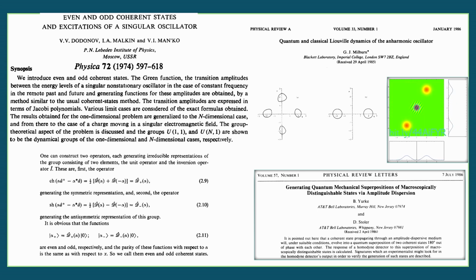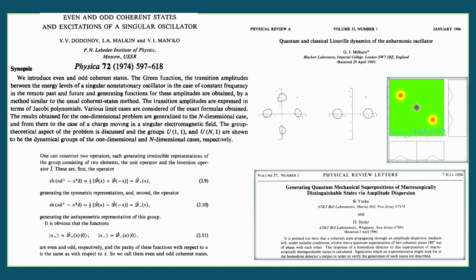That came out in 1974, but the paper was largely forgotten by most of the community. Even though this is really the first instance of cat states I find in the literature, it's not well cited, not well known, and I think it's because most people who work with cats don't think about looking up mathematical physics work. But it's a nice paper.